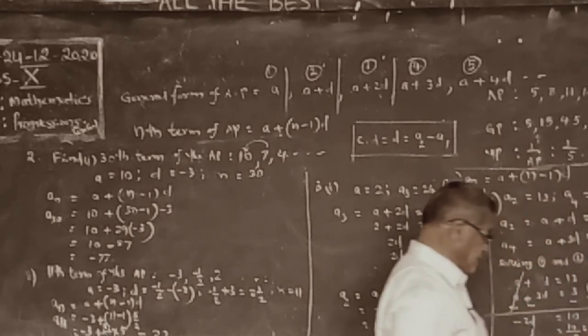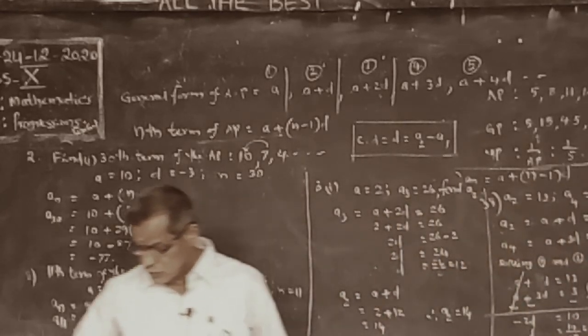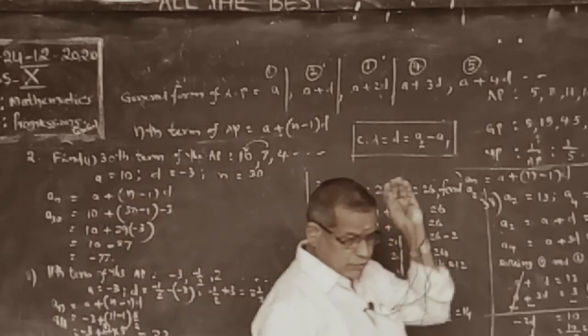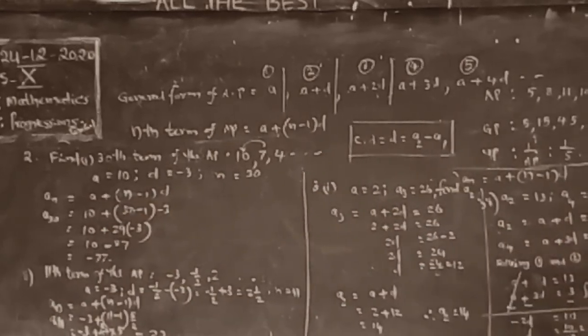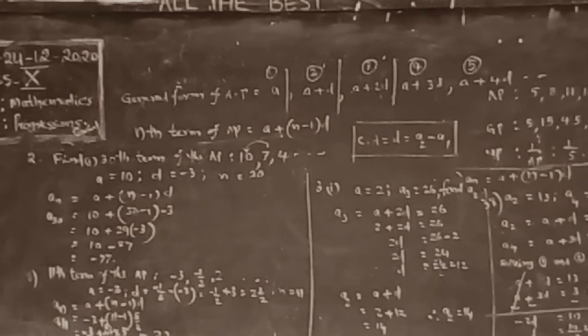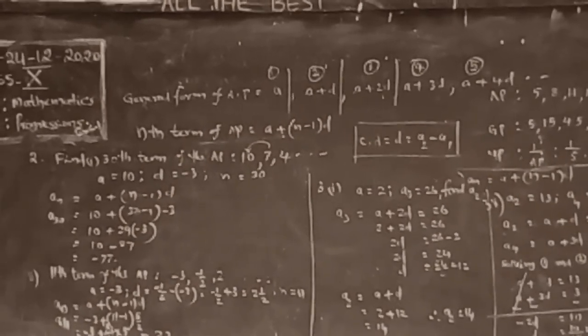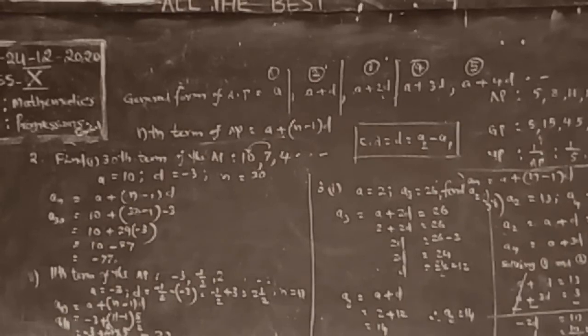So A3 is 8. Like that we have to do. Solve the equations by the elimination method. Linear equations in two variables.